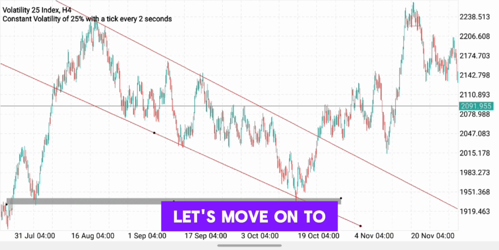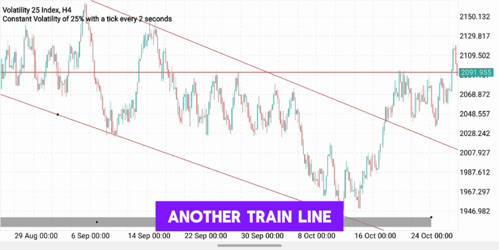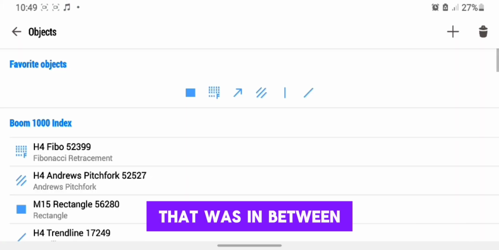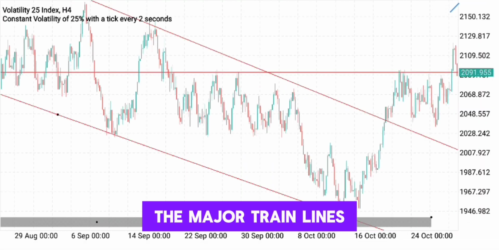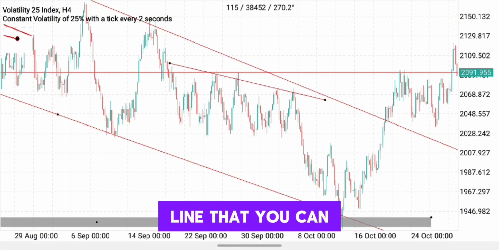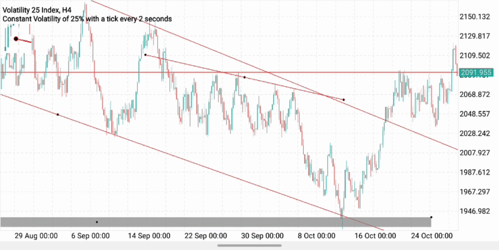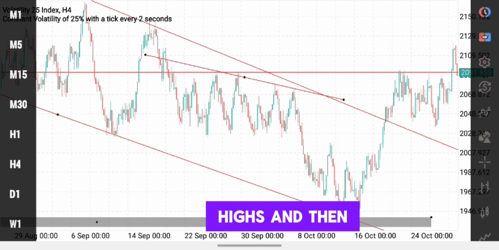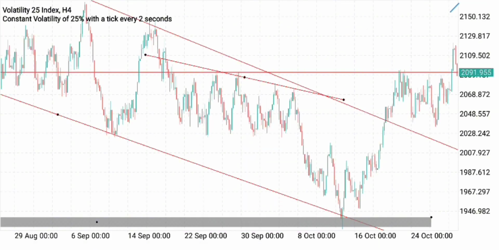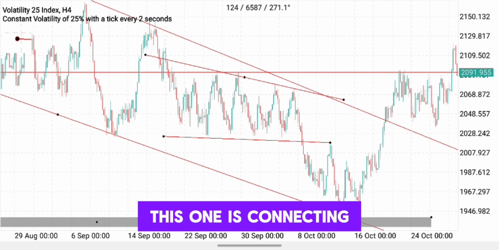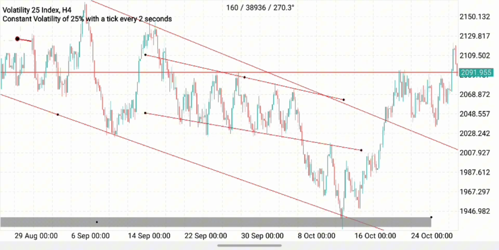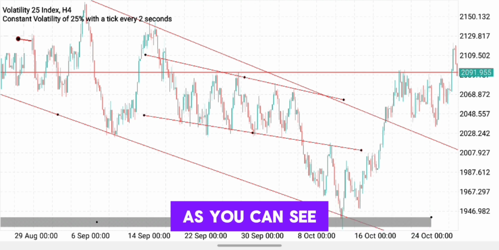Let's move on to draw another trend line that was in between the major trend lines. The other trend line that we can draw, you can draw it right here, and this one is connecting the higher highs, and this one is connecting the higher lows, as you can see.